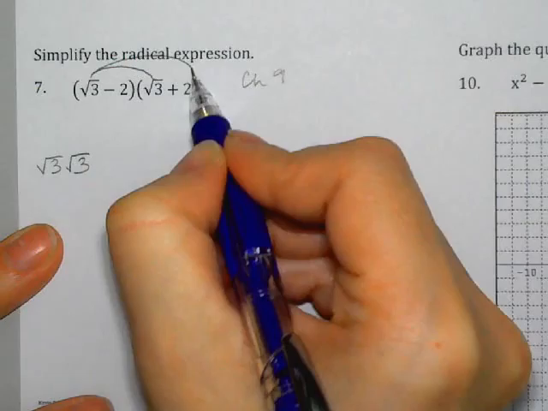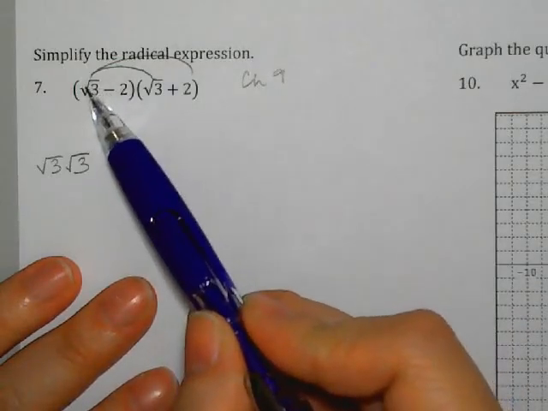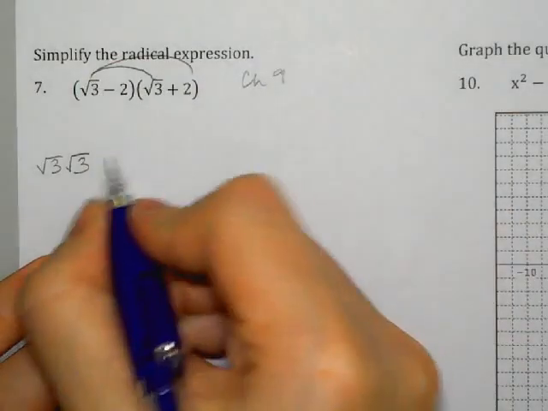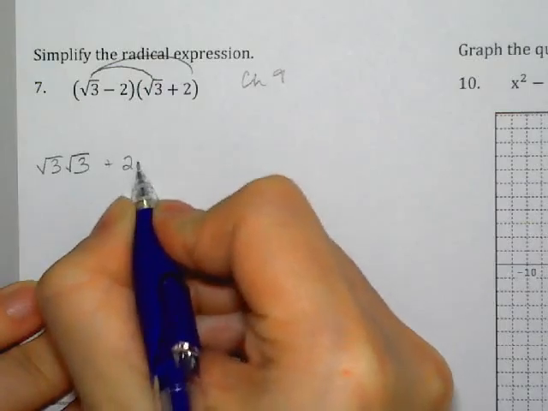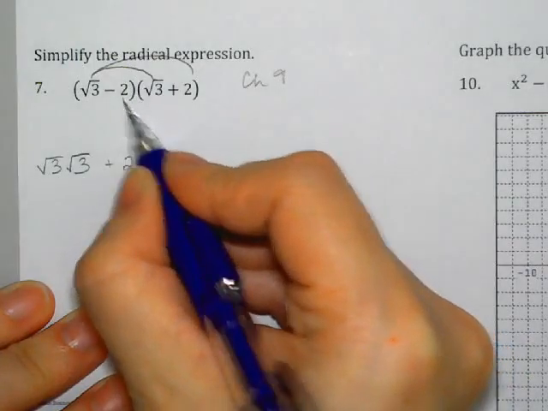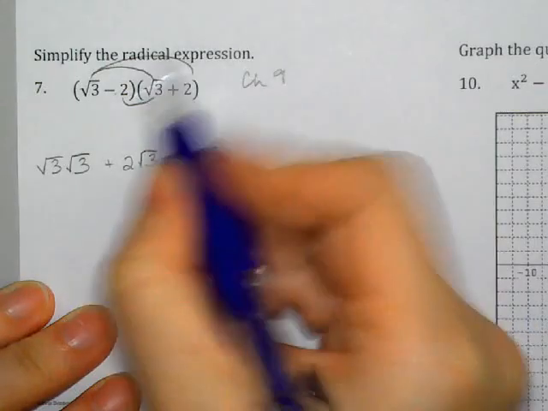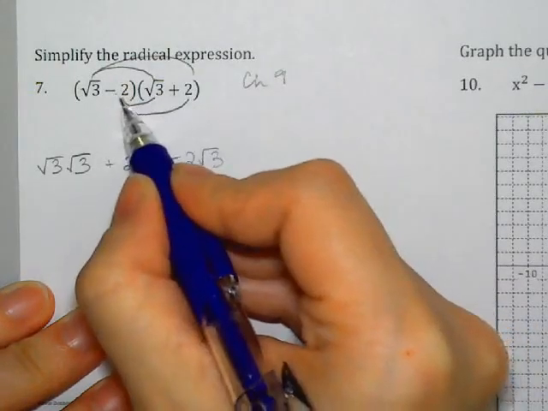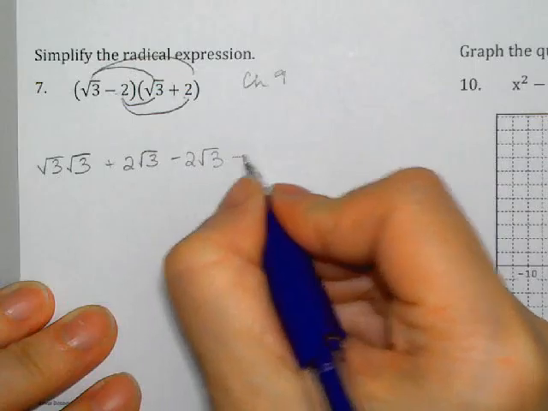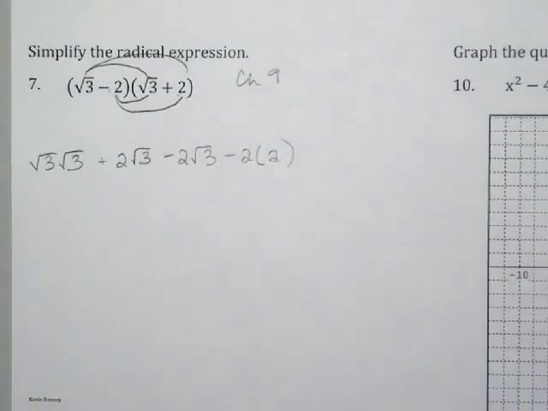Multiply our outside terms, square root of 3 and 2. So I'm going to write that as plus 2 square root of 3. Then our inside terms, that's a negative 2, so negative 2 square root of 3. And our last terms, negative 2 times positive 2. So that's our completely unsimplified version.